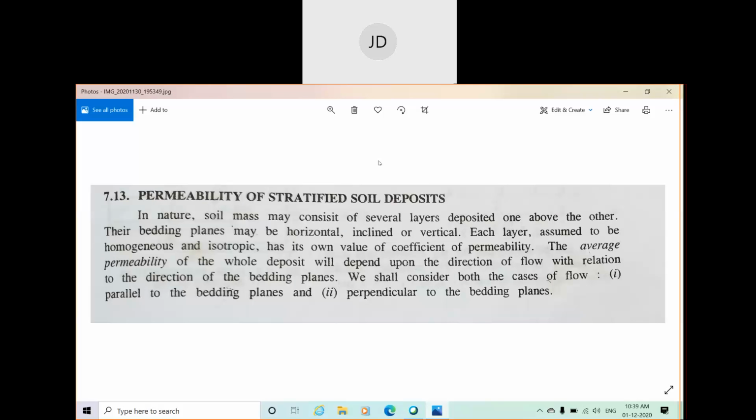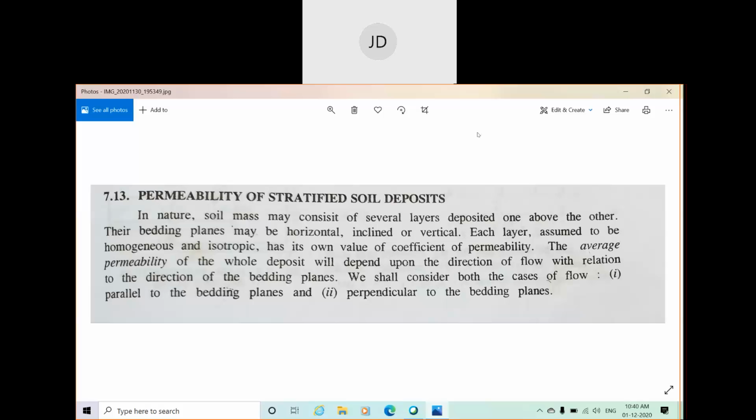Okay, so here it is an introduction part. What is mentioned here? In nature, that means in actual practice, soil mass may consist of several layers deposited one above the other.